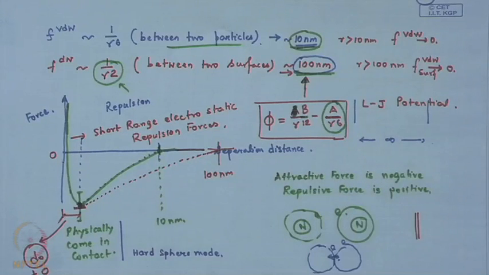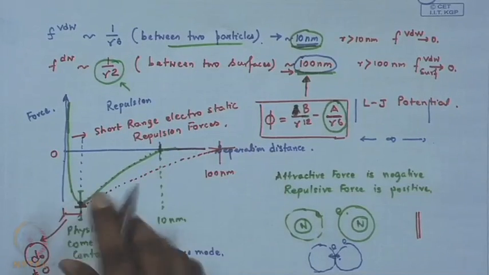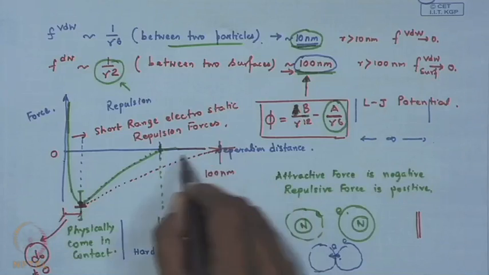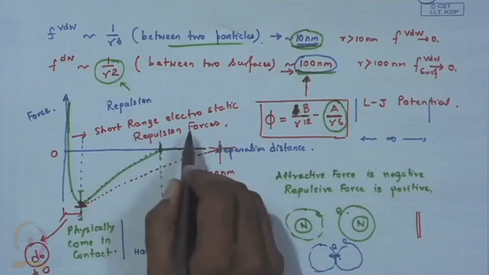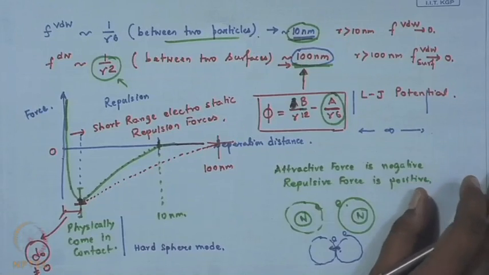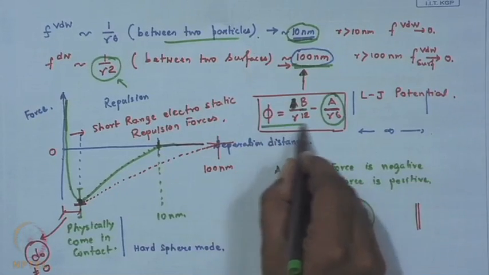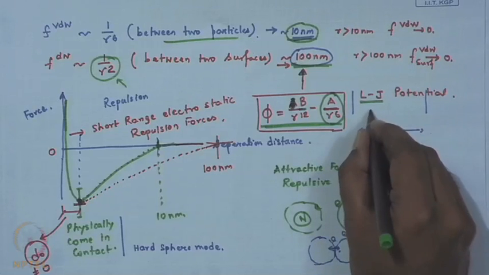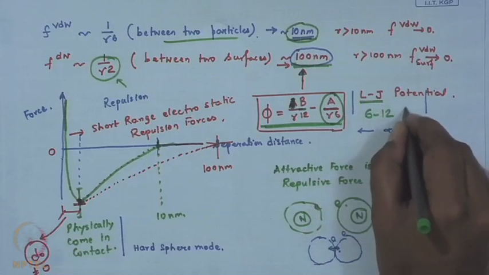We then tried to understand how these potential curves look. We also found that in addition to the van der Waals force, there is a very short range electrostatic repulsion, which originates because of the overlap of the electron charge clouds. Then we introduced the Lennard-Jones potential, also called the 6-12 potential sometimes.